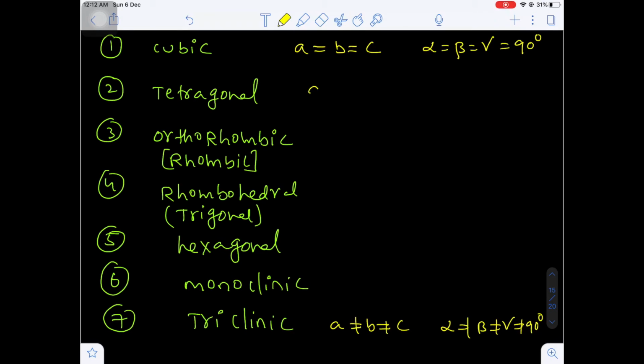Now tetragonal: a equal to b but not c, but alpha, beta, gamma still equal to 90 degrees. Orthorhombic system: a not equal to b not equal to c, still alpha, beta, gamma equal to 90 degrees.